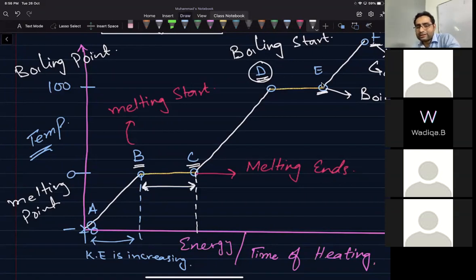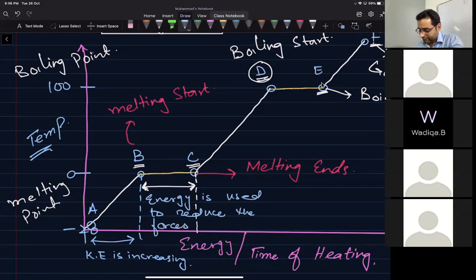Between B and C, when melting starts and ends, this energy is used to reduce the forces of attraction between the particles. So this is the reason the temperature is constant between B and C.